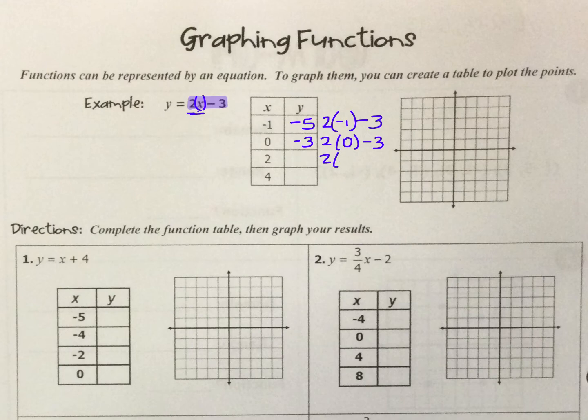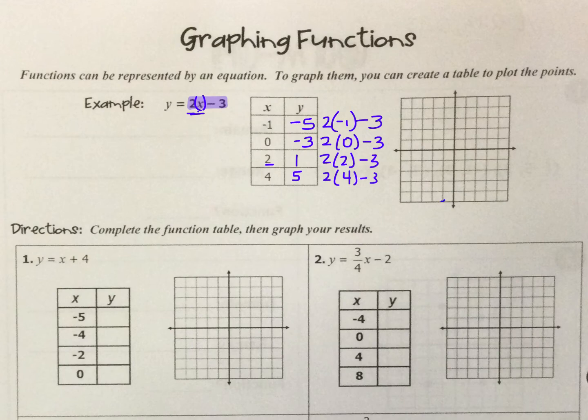2, instead of the 0 or the -1, we're going to write that 2 times 2 minus 3 is a 1. 2, instead of the x, we're writing a 4, minus 3 is 5. Now, we're going to take the x and y information and graph it.